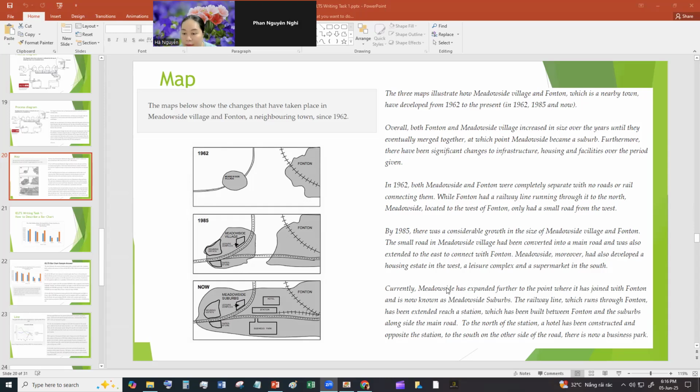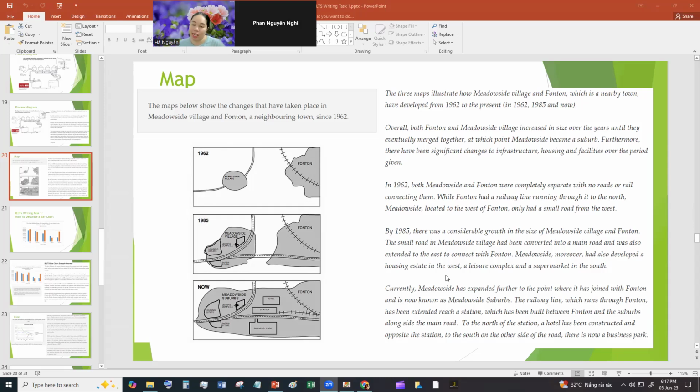Okay, now the final body paragraph, what tenses are used here? It uses present perfect. Yeah, and what else? Present simple. That's right. So mostly present perfect and present simple.